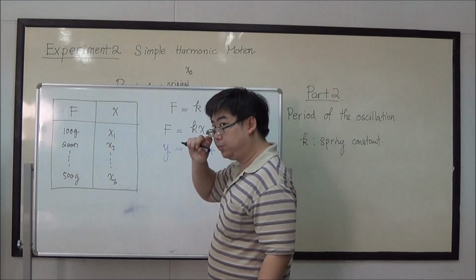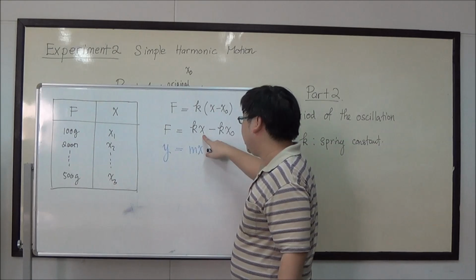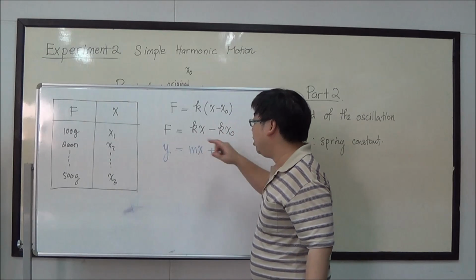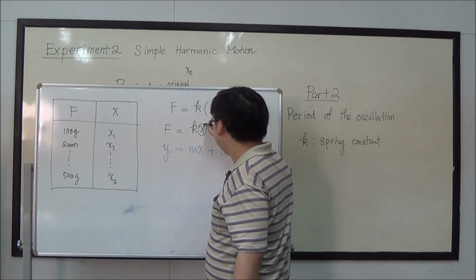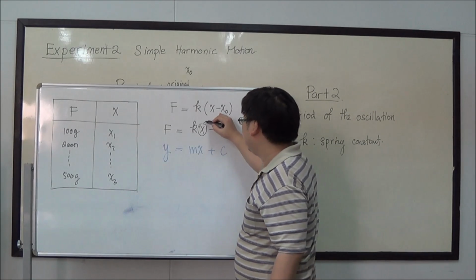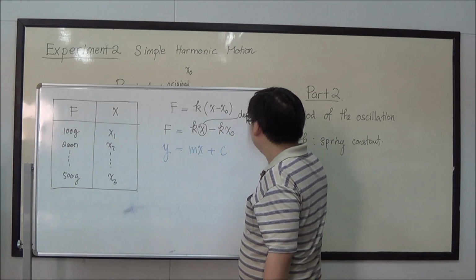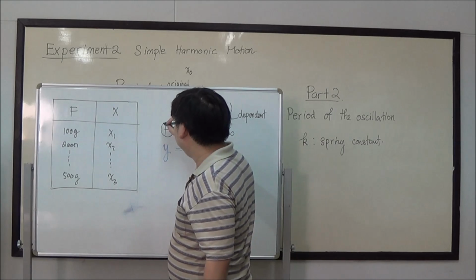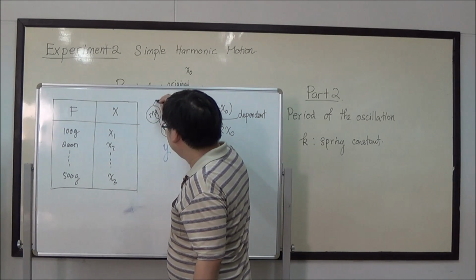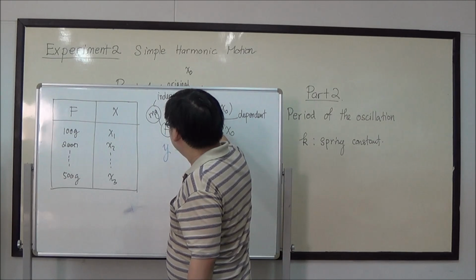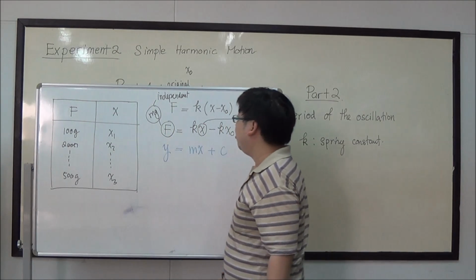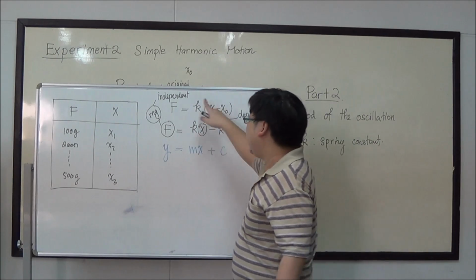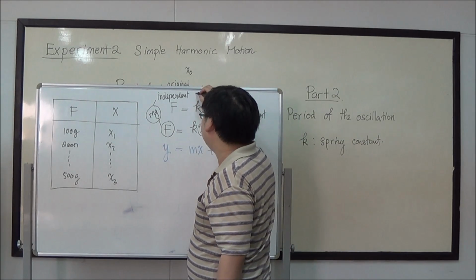And you see that because of the way I'm going to record it, this length is my dependent variable, and this F, which is mg, is my independent variable. Normally the dependent variable is y, meaning the y-axis, and the independent variable is on the x-axis.